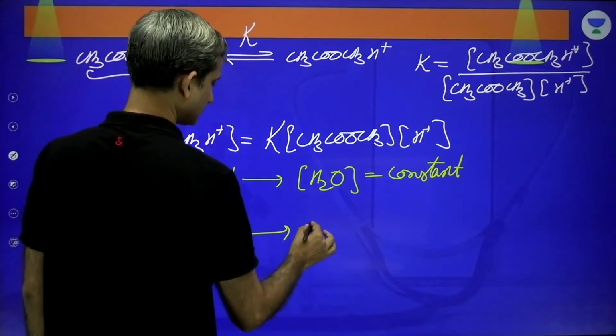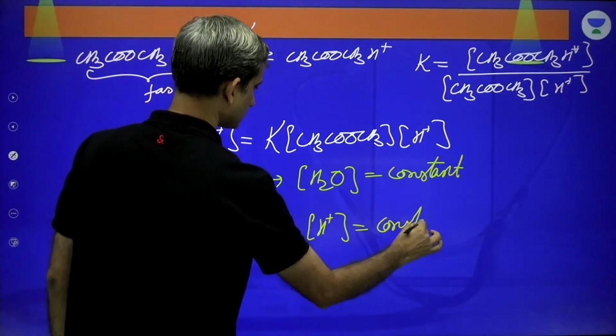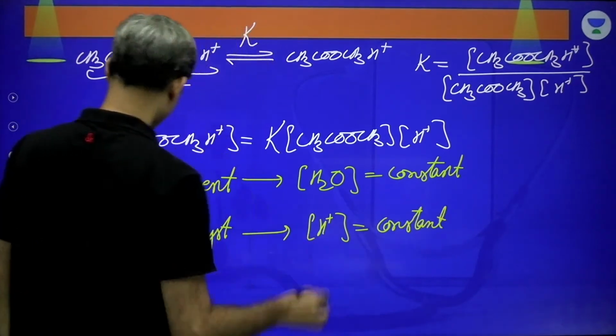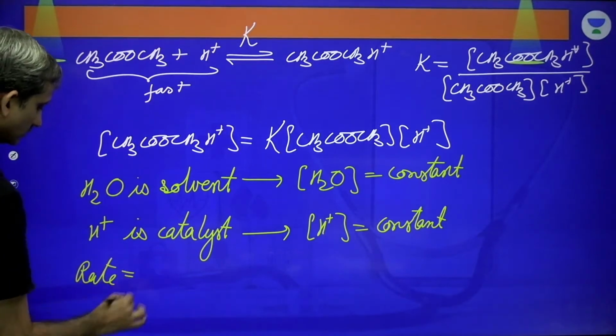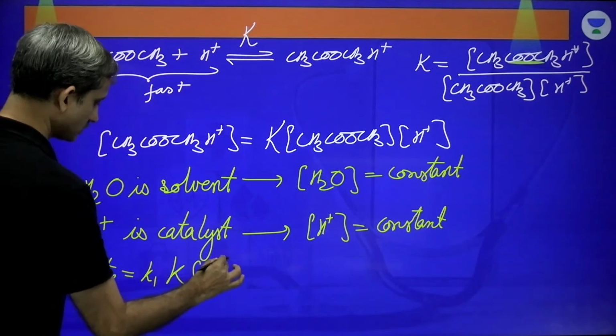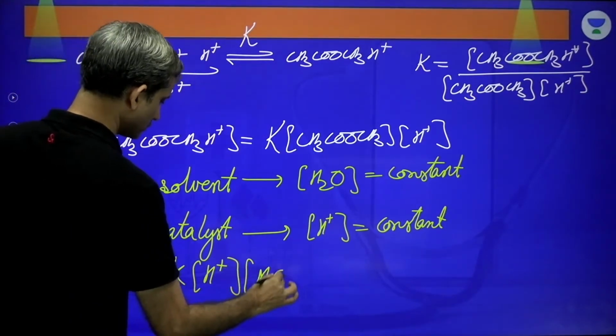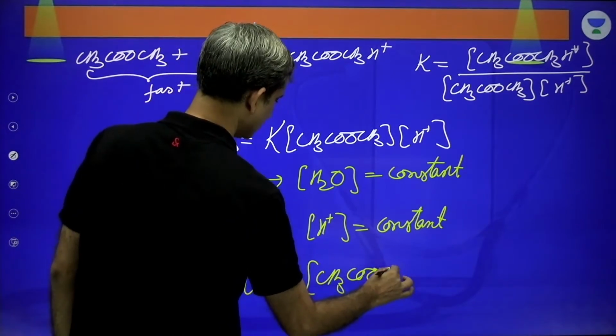So again, concentration of H plus is constant. Okay, so we have rate is equal to K1 into K into concentration of H plus into concentration of H2O into concentration of CH3COOCH3.